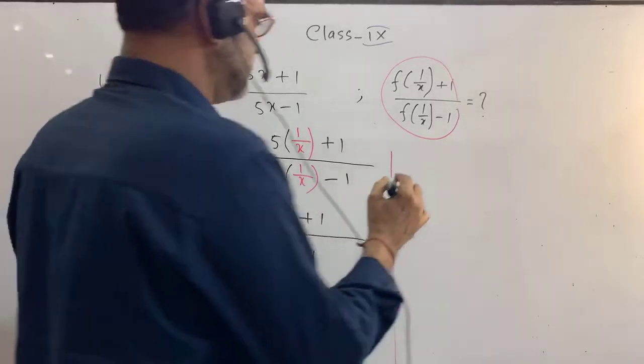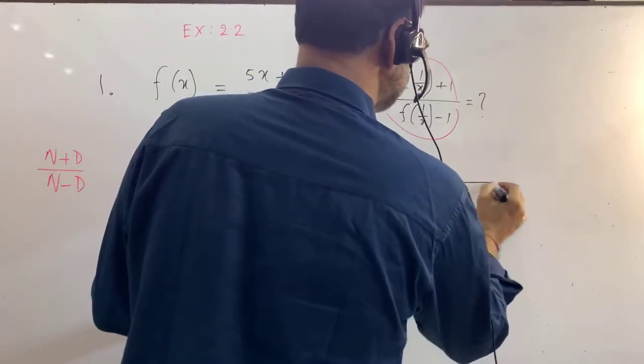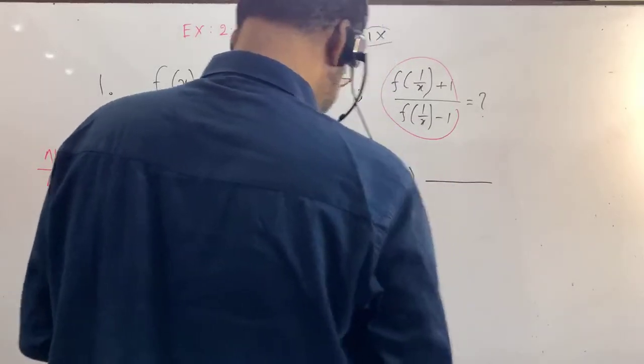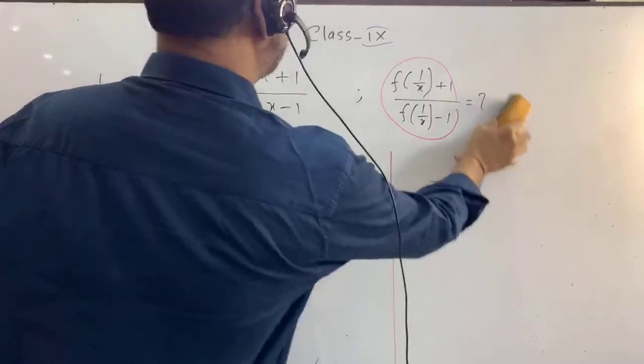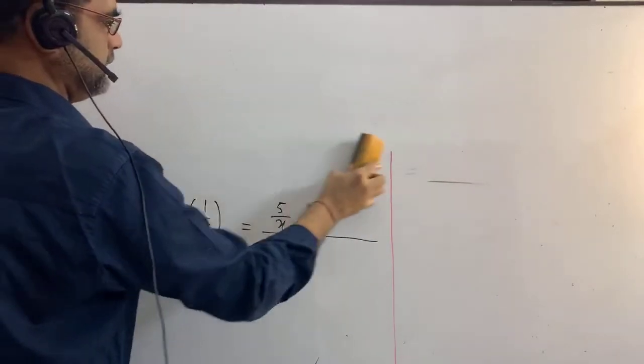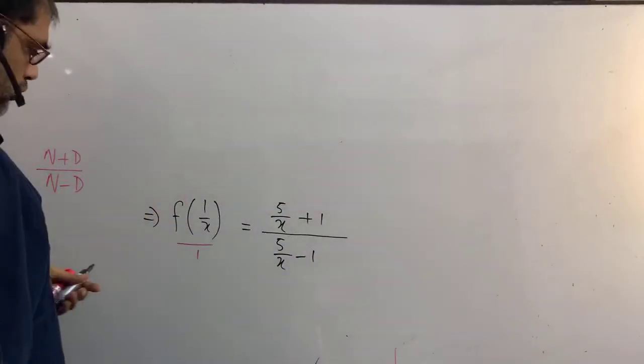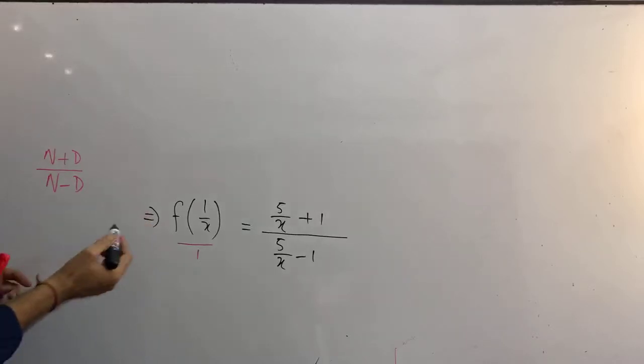Then we can write here, implies that, okay, we are going to write it at the top. You see what I told you, componendo and dividendo. That's good.